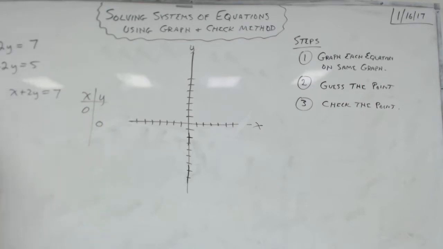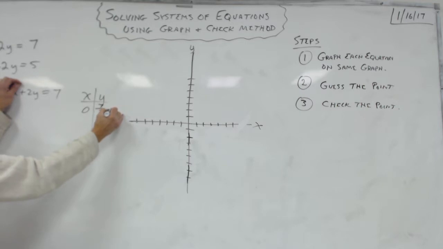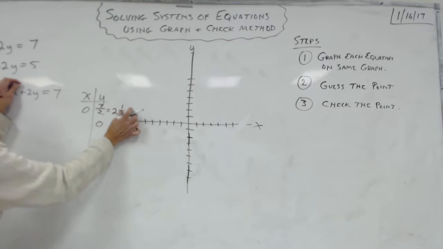Okay, so if x is 0, I've got 2y equals 7. So that would be 7 halves, right? Sorry, 7 halves, I said the wrong thing.